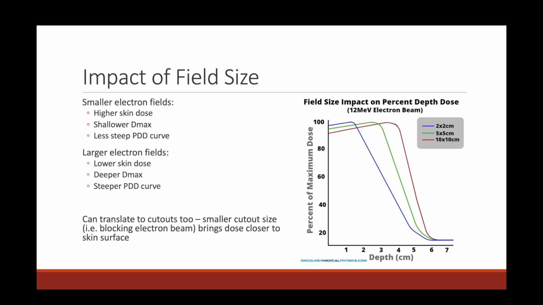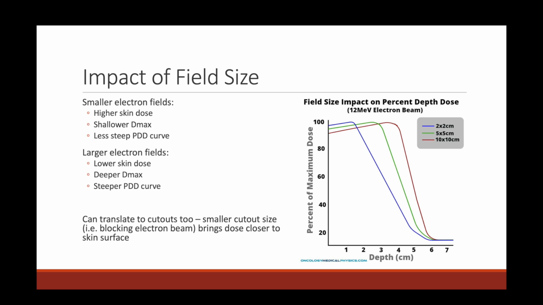As those electrons scatter towards the middle, I think of them as pushing the Dmax deeper into the patient. And as that Dmax gets pushed deeper into the patient, the skin dose actually decreases as well, and we end up with a sharper dose falloff. So for larger electron fields, just remember there's going to be more scatter pushing dose deeper into the patient. So we get less skin dose, a deeper depth of Dmax, and a steeper PDD curve.